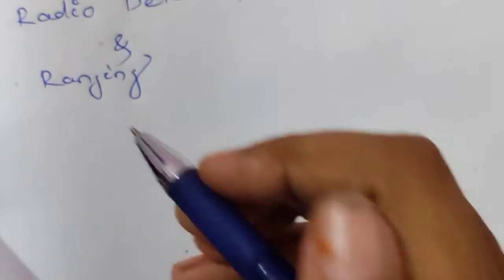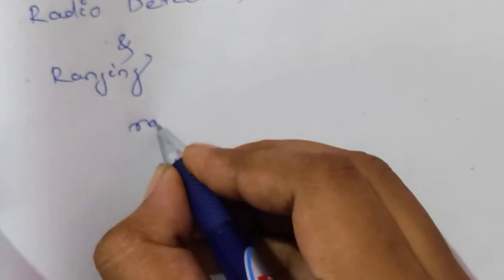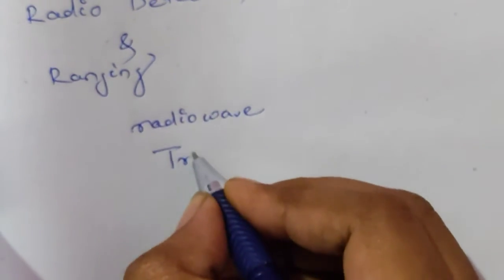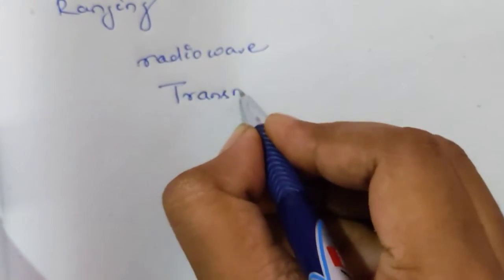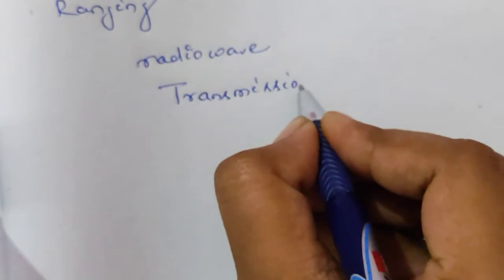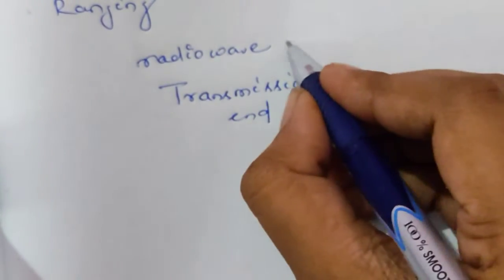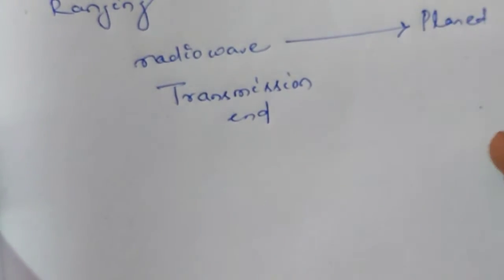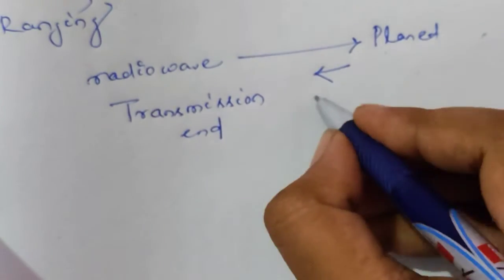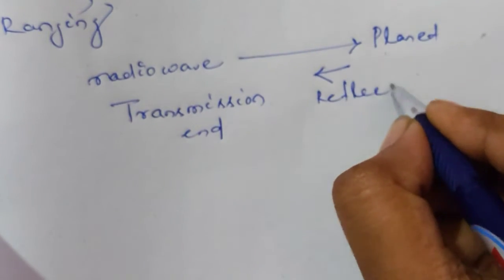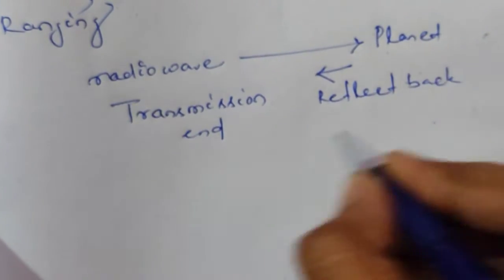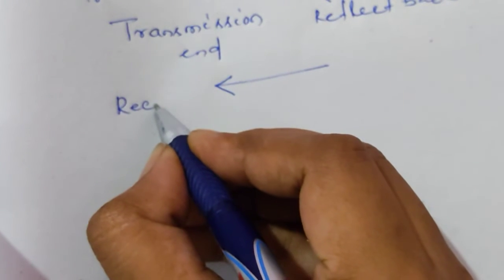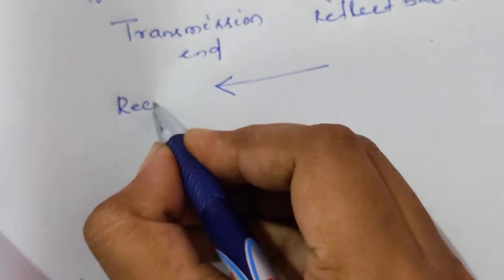Once the radio wave is sent by a transmitter at the transmission end, it will hit the planet and reflect back. When it reflects back, it will be received at the receiver end.